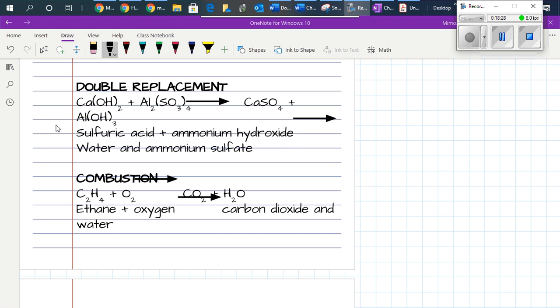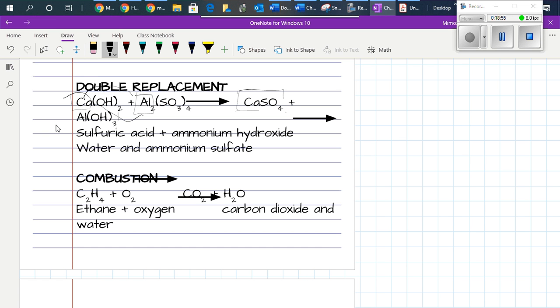Double replacement is calcium hydroxide and aluminum sulfate reacting, and see what is happening here. Calcium is replacing the aluminum part of it, so the two metals are switched, and then a salt is formed and a base is formed.